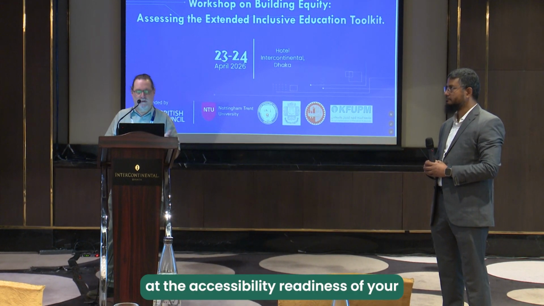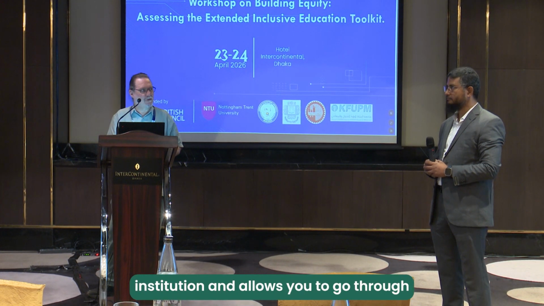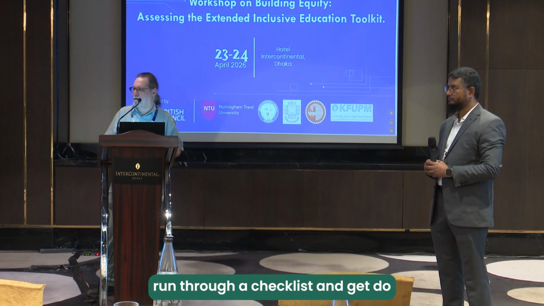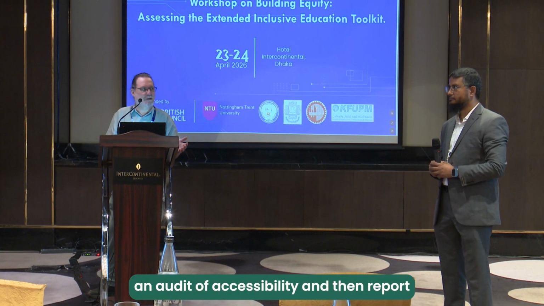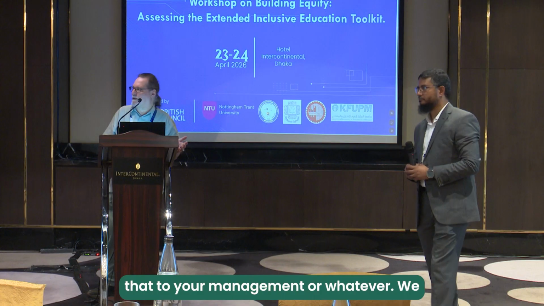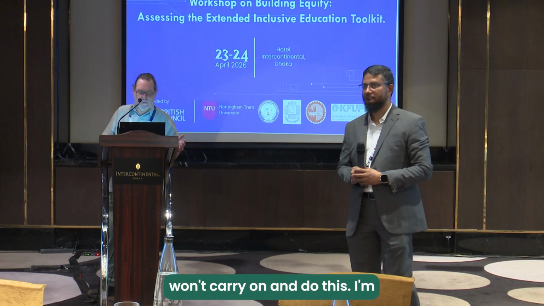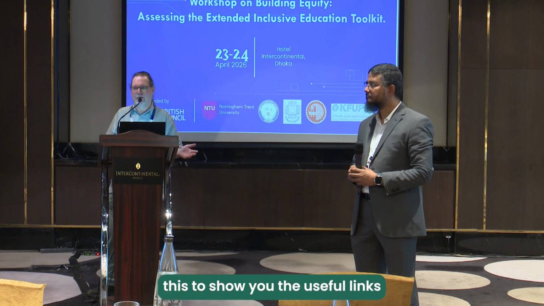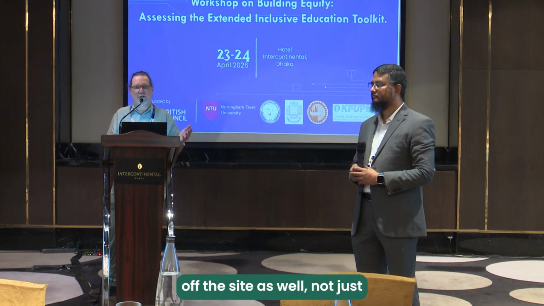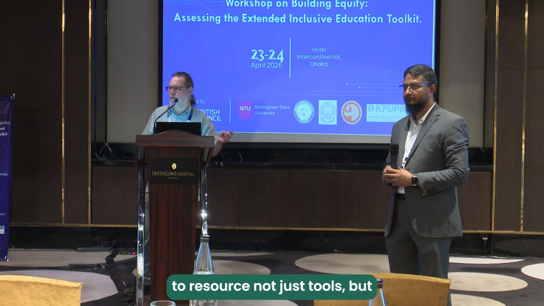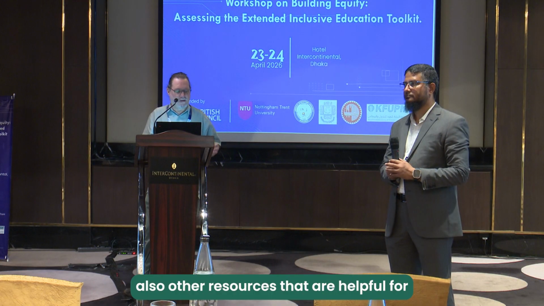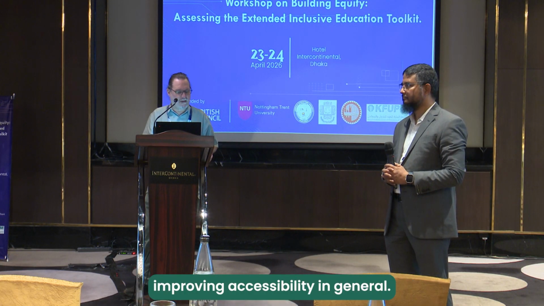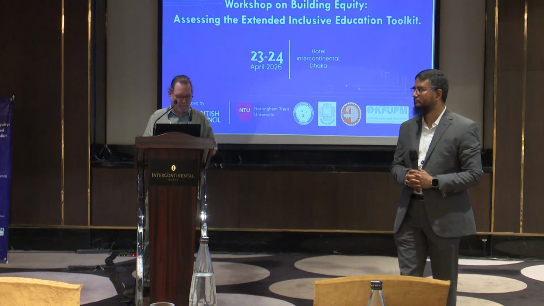So this is looking at the accessibility readiness of your institution and allows you to run through a checklist and do an audit of accessibility and then report that to your management or whatever. We won't carry on and do this. I just thought I'd follow this to show you that there are useful links off the site as well, not just to tools, but also other resources that are helpful for improving accessibility in general.